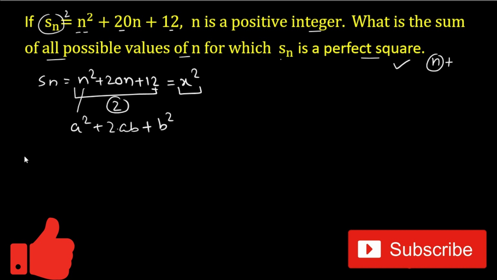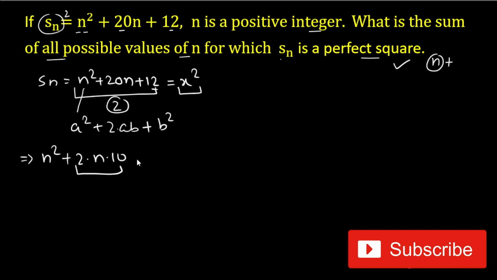Here it is n square, and we will make 20n as 2 times n times 10. Now we have 10 as b, so we will write 10 square. So we have added 10 square, so we'll subtract 10 square also, and it is plus 12, and that is equal to x square.